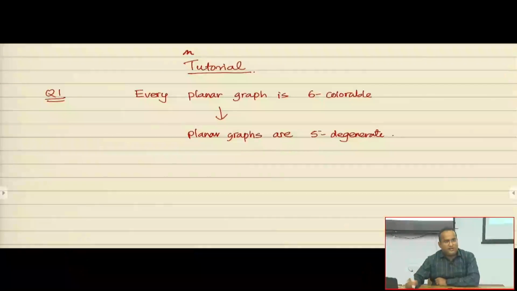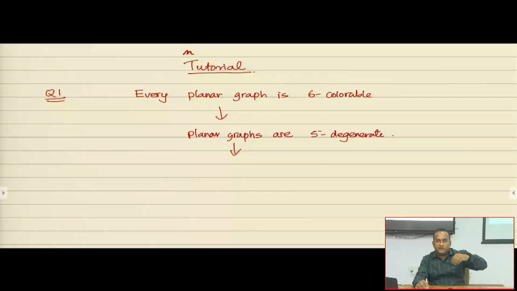So you want to say that planar graphs are 5 degenerate, right? Then by using the ordering, we can apply the greedy algorithm and say that it is 6 colorable, right? We already did this in the class in the morning: if a k degenerate graph is there, then it is k plus 1 colorable.